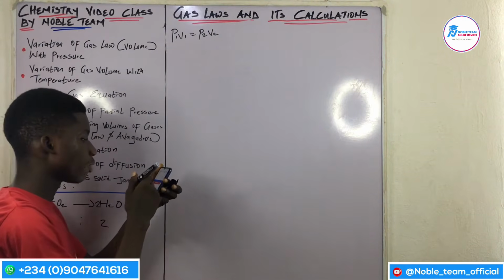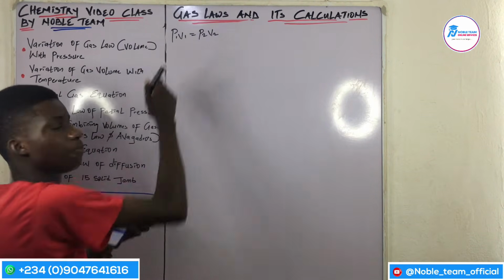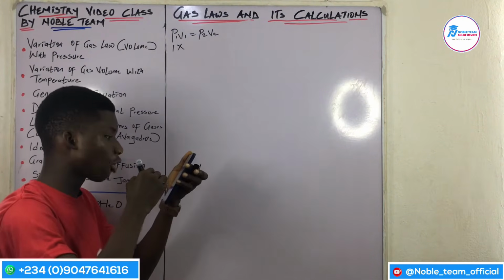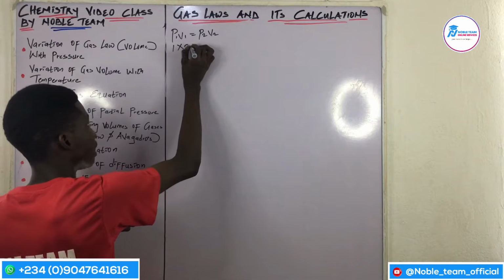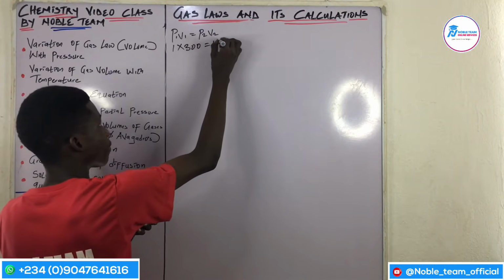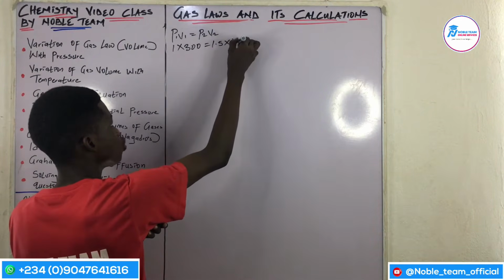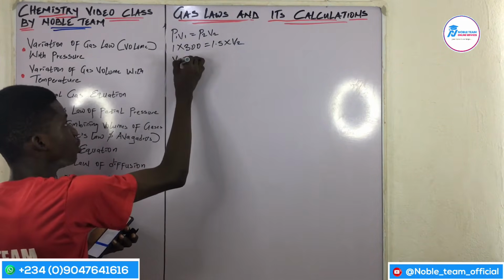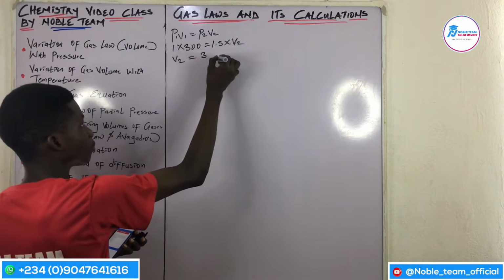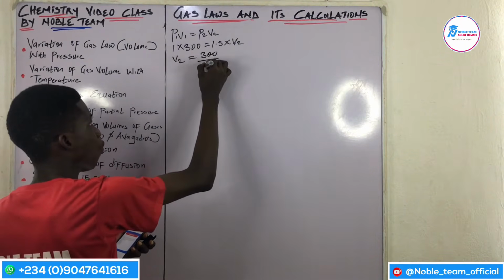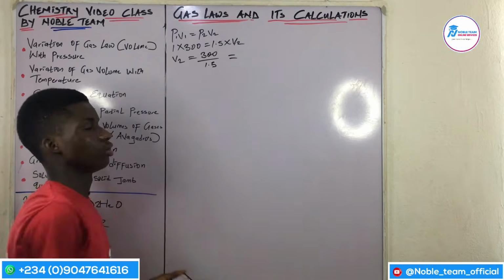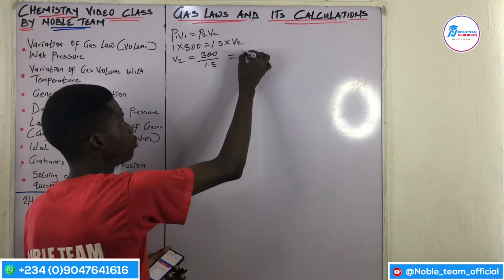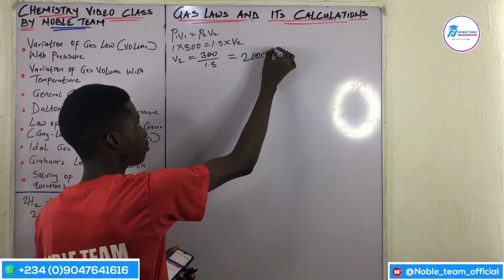Now, coming to this question, we have our first pressure as 1, multiplied by the first volume, 300, is equal to 1.5 multiplied by V2. So we are looking for V2 according to the question. V2 is equal to 300 divided by 1.5. Once you divide this, it will give you something roughly around 200 centimeter cube.